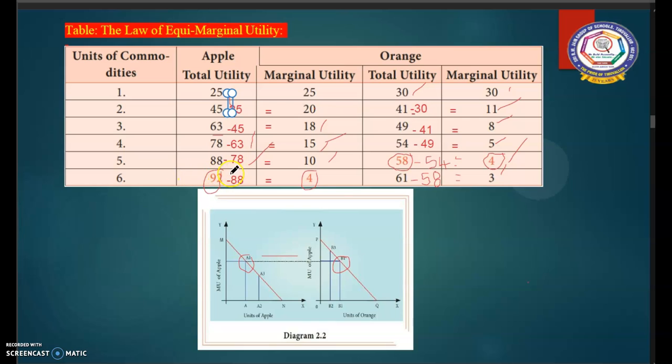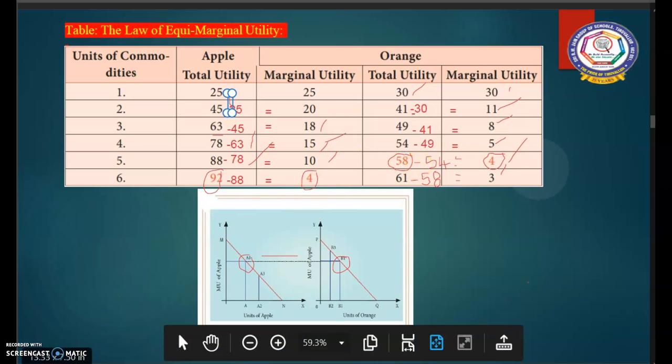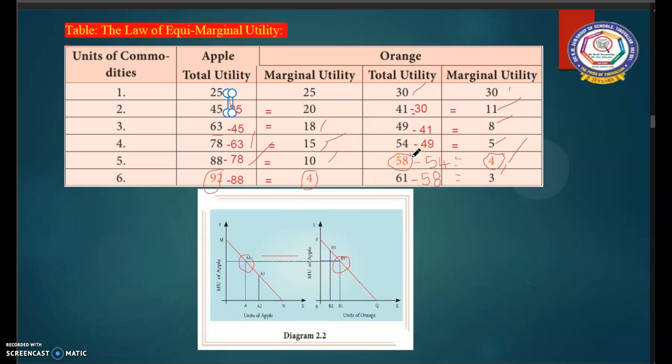So that he can get 92 for apple and 58 for orange. So no other combination of apple and orange can give higher than 150 utilities, that is 92 plus 58, 150.